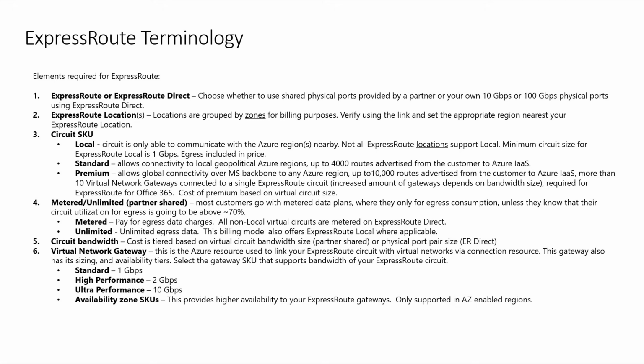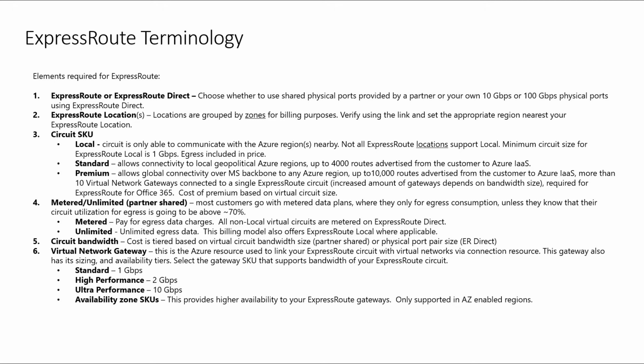When I say geopolitical boundary, you actually connect from East to West, and then you can have a gateway sitting somewhere in Australia. Okay. And with premium, right, you get up to 10,000 routes advertised from your on-premise to Azure. That's very important. It provides that massive route advertisement.